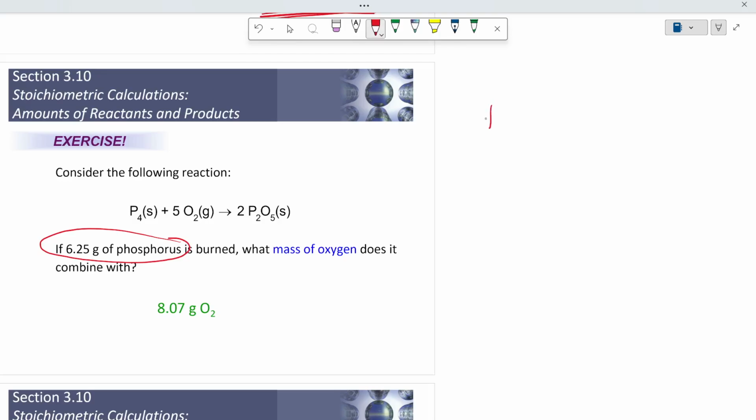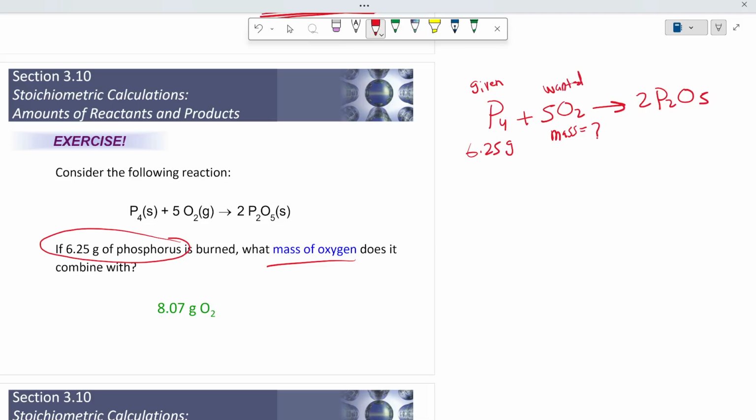Let's write it here again: P4 plus 5O2, the product is 2P2O5. The question gave me the mass of phosphorus, 6.25 grams. So for me, phosphorus is given in this example. What mass of oxygen does it combine with? The question asks me to determine the mass of oxygen. So oxygen here is wanted.